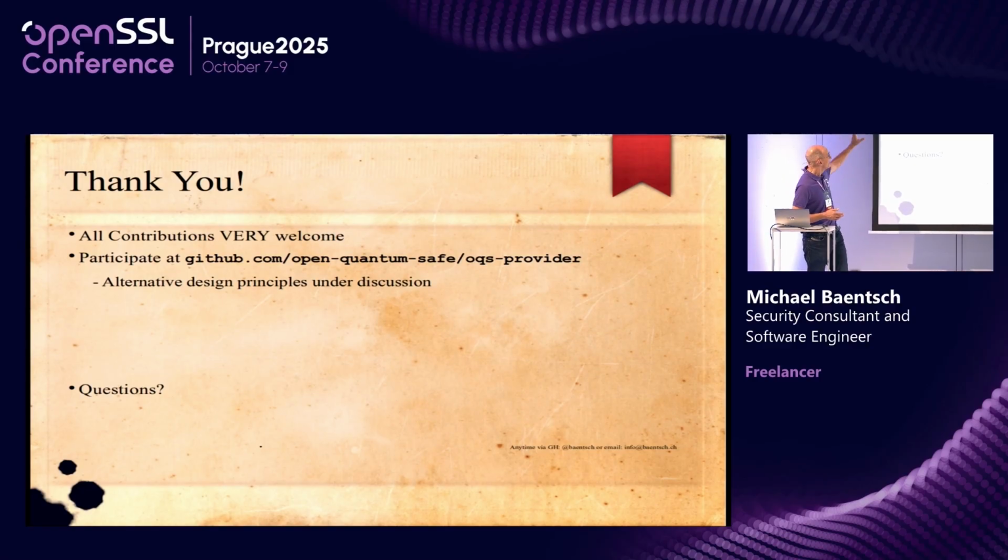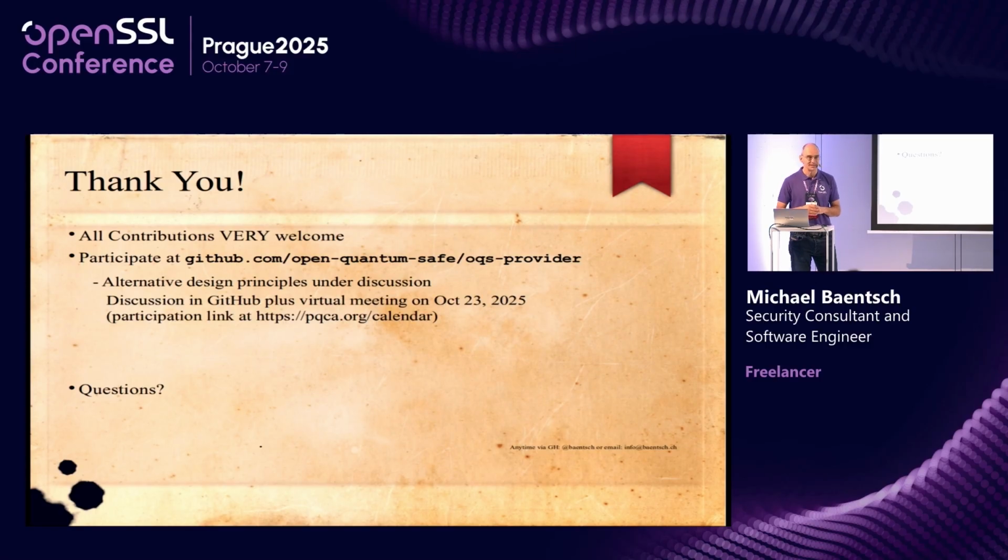So my question or my wish is, please go to this website, go to GitHub and provide contributions. Even if it's just a question that makes us think, did we do something wrong? Is there something that can be contributed? Right now, we are looking at a kind of major redesign of the system, possibly changing some of the design assumptions.